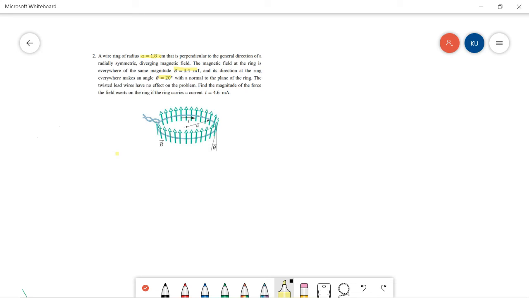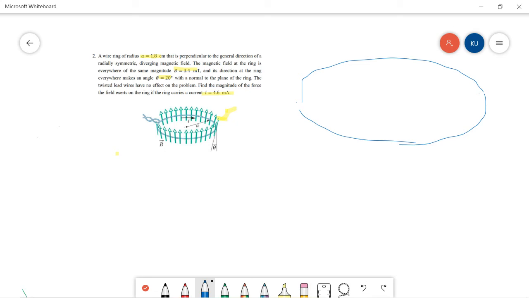Find the magnitude of the force exerted on the ring if the ring carries a current I equals 4.6 milliampere. So actually it's just like an apple pie, so let's consider it like this. Maybe we can draw a larger figure here.